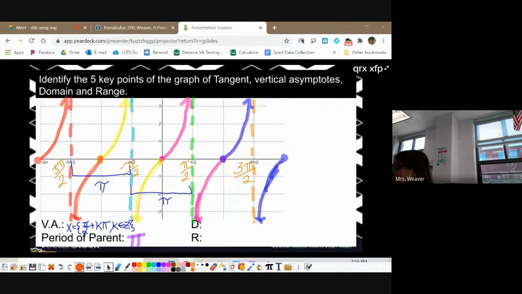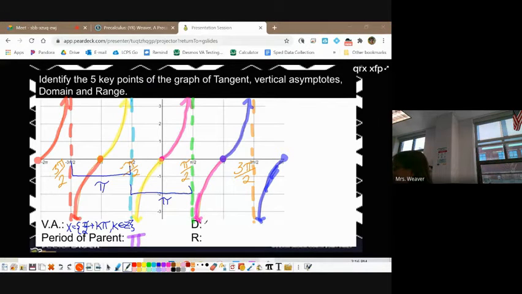It's going to be all real numbers because it keeps going forever and ever in both directions, such that x does not equal whatever our asymptotes did equal. Okay, so we already have our asymptotes over there, so such that x does not equal the set of all pi over 2 plus k pi, where k is an element of the integers.